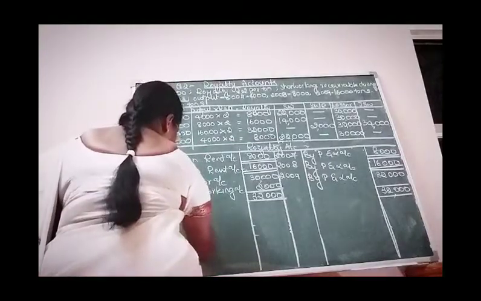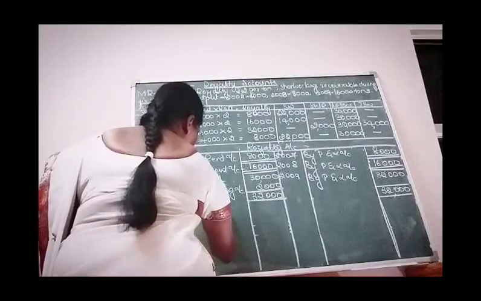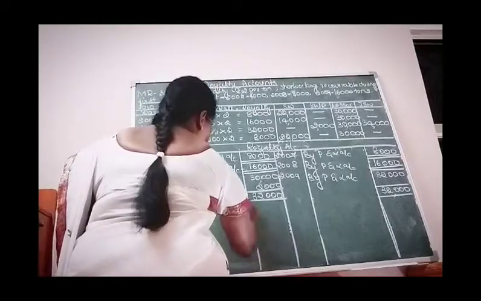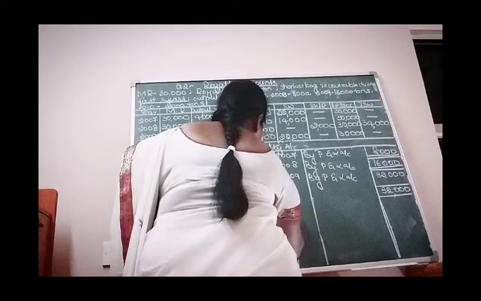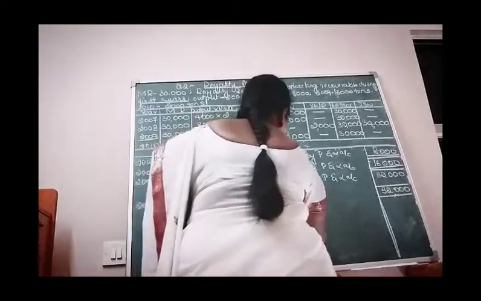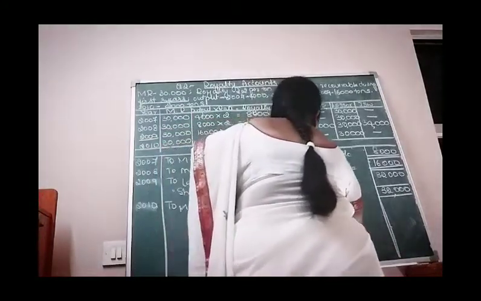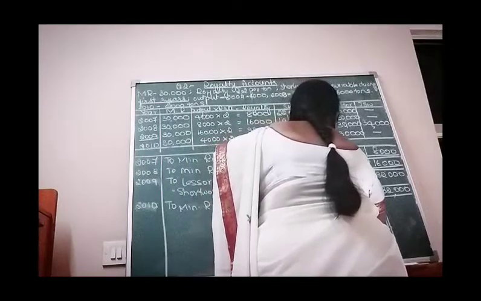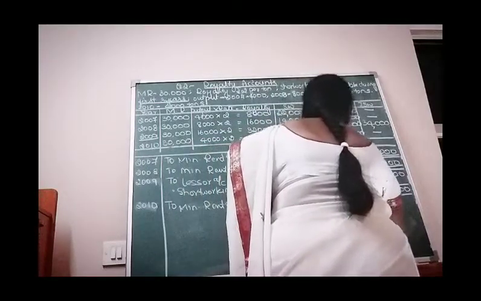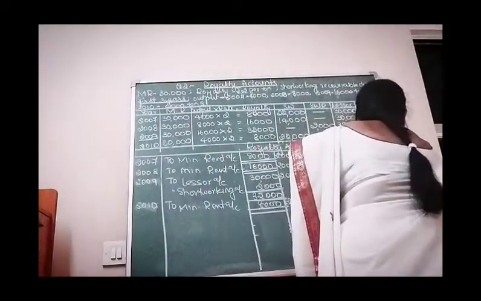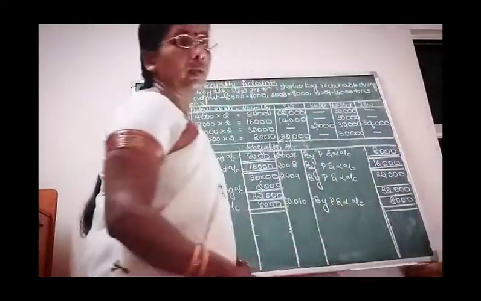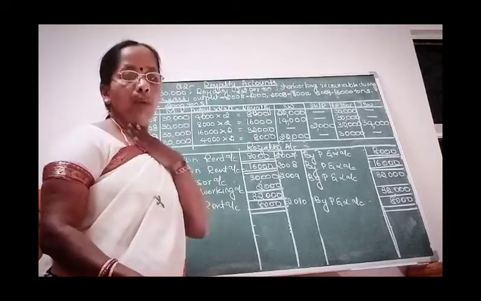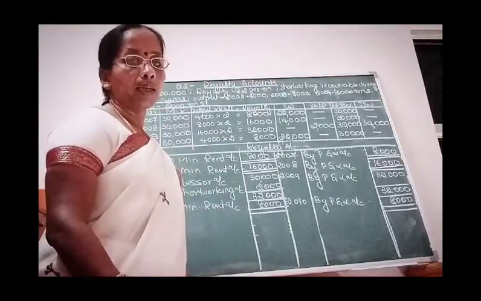So you can write to the debit side as to minimum rent account with rupees 8,000, and in 2010 you transfer the royalty to profit and loss account with rupees 8,000. This is what we have to do for the royalty account.